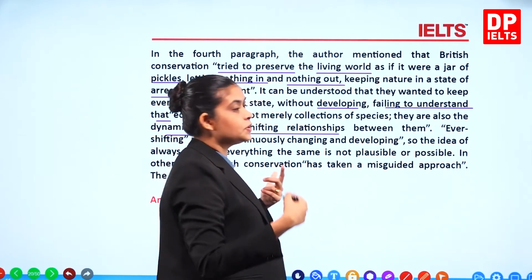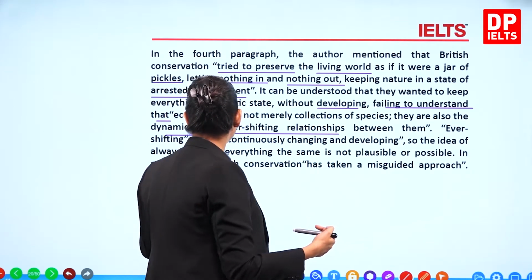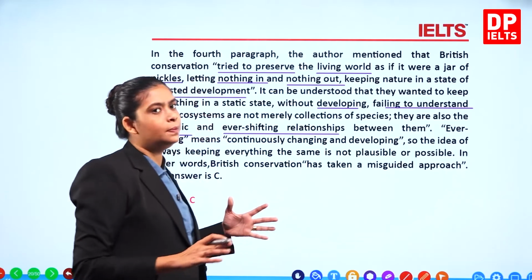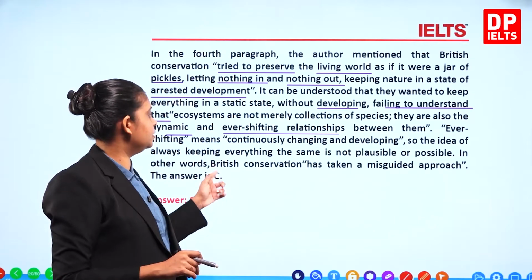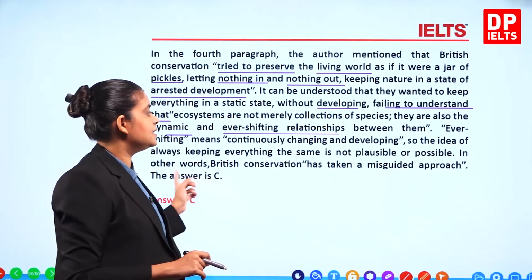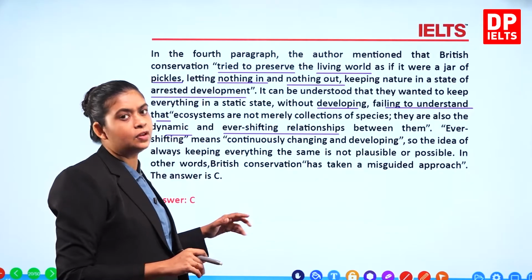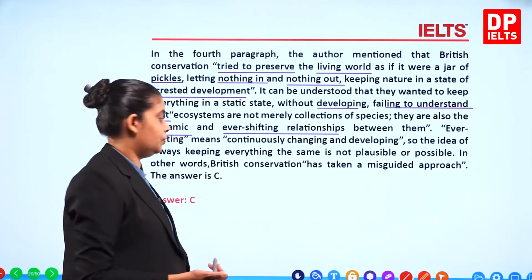Ever-shifting means it keeps on continuously changing and developing. So the idea of always keeping everything same is not really possible or plausible. In other words, British conservation has taken a misguided approach, right? Because you can't really keep things unchanged. It needs to change on its own.